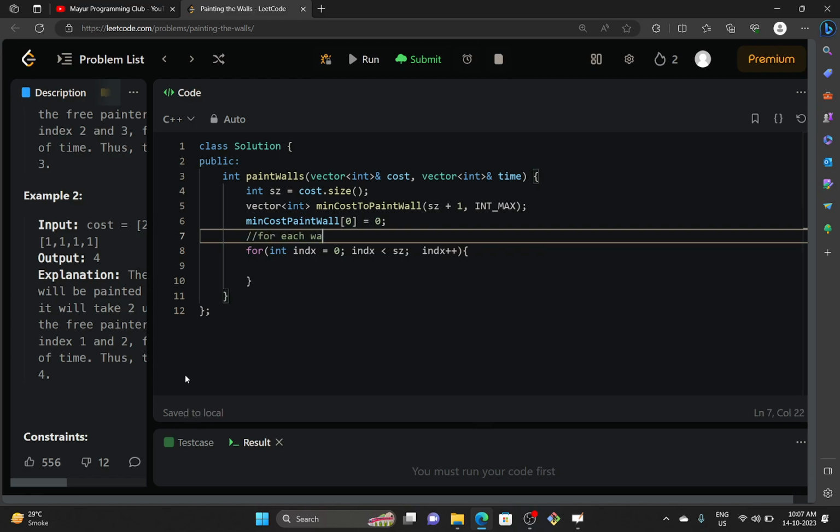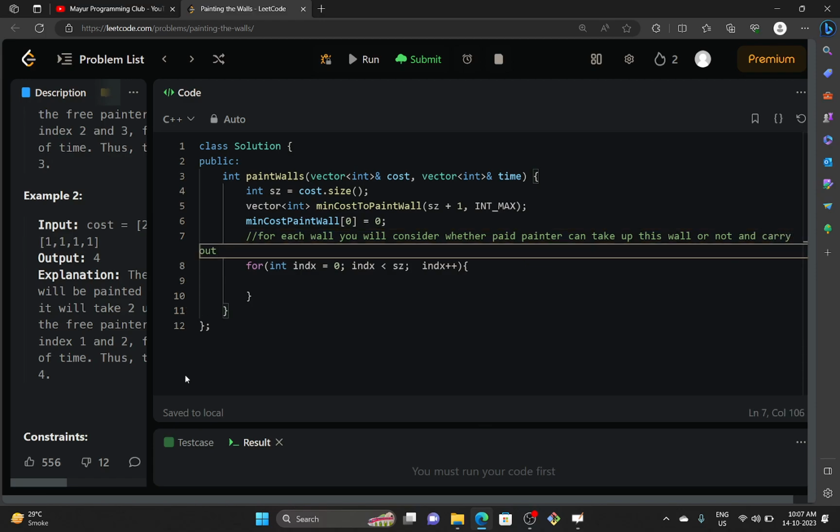For each wall, you will consider whether the paid painter can take up this wall or not, and carry out the effect of this decision on the remaining walls.